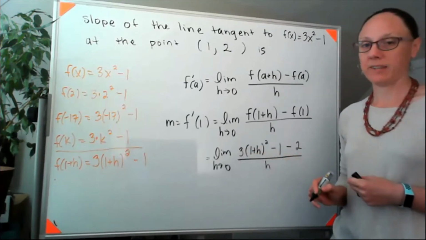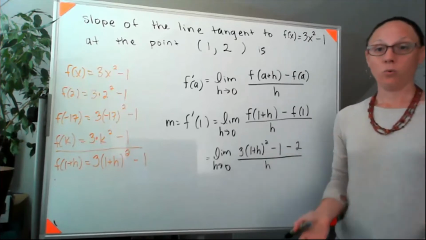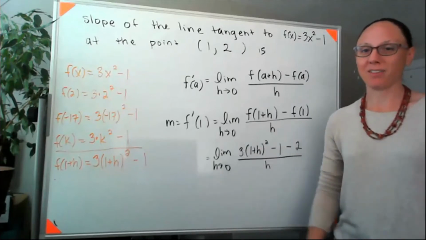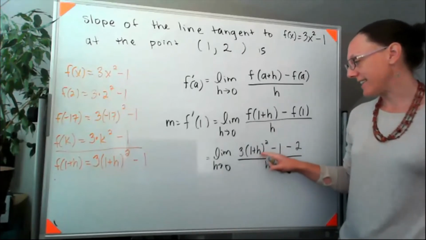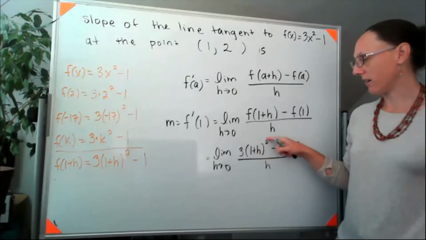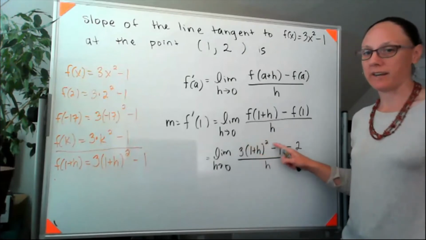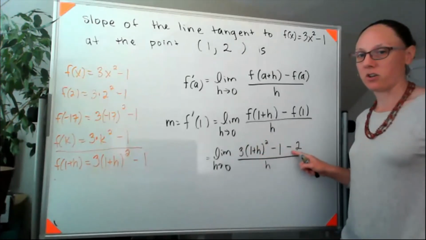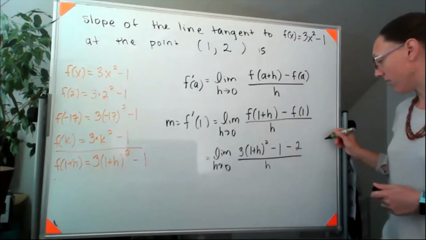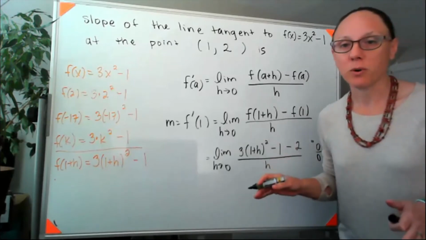That whole thing is over h. Now I've got this limit problem. Well, what do we try with a limit problem? We plug the value in. If I plug in 0 for h, then I've got 1 squared times 3, so now I'm at 3 minus 1. Now I'm down to 2. 2 minus 2 is 0, and I've got 0 on the bottom. And 0 over 0 is always whispering to us, go do some algebra.